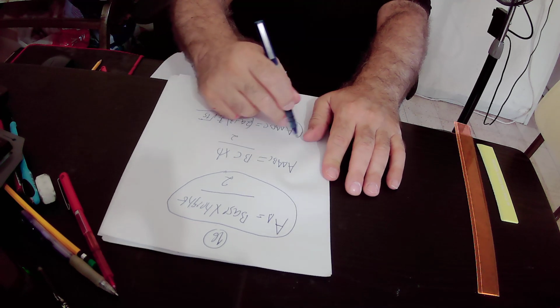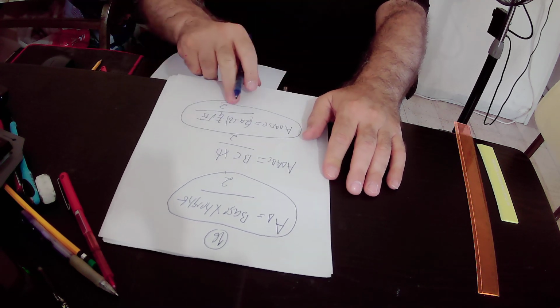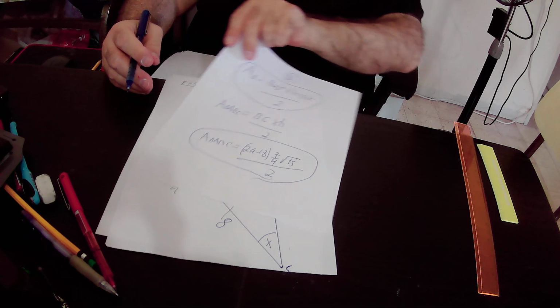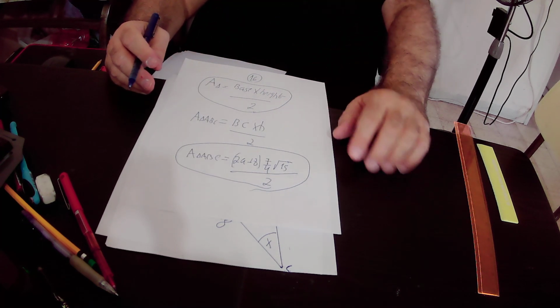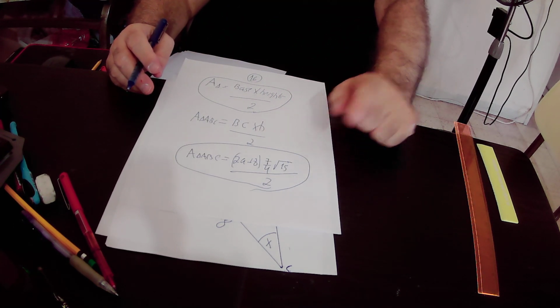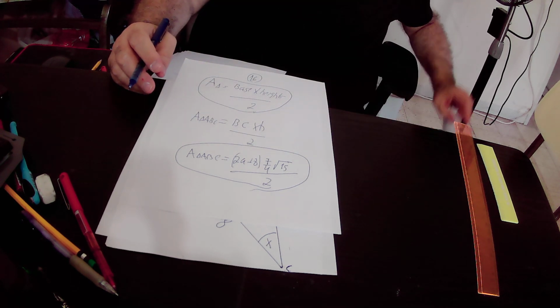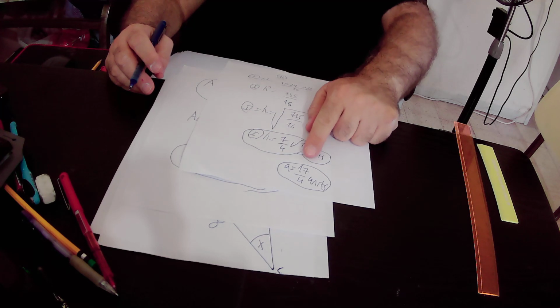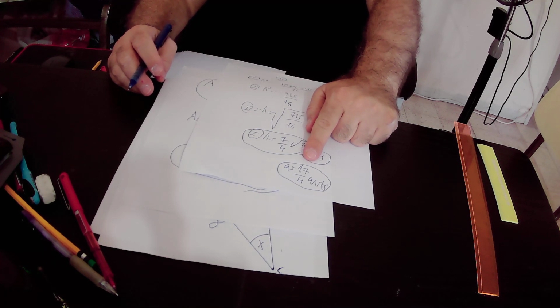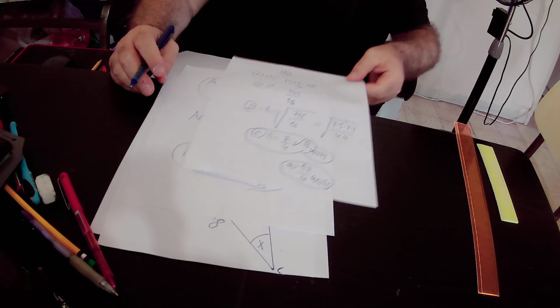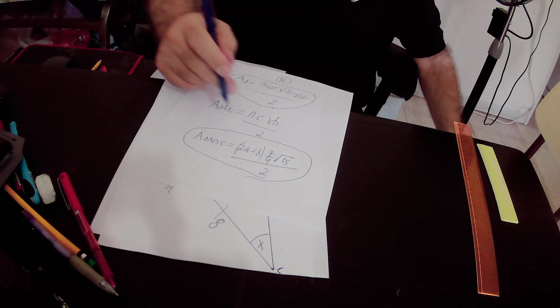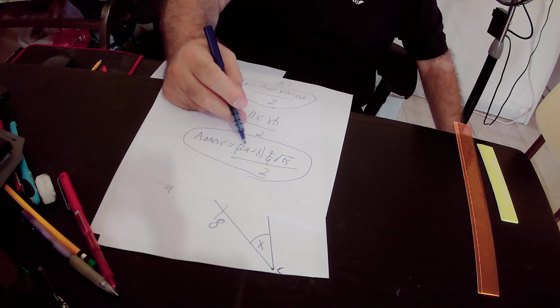So the area of triangle ABC equals 2 times a plus 8 times 7 over 4 times root 15 over 2. And we know that a equals 17 over 4 units. So we can substitute a by 17 over 4 units.